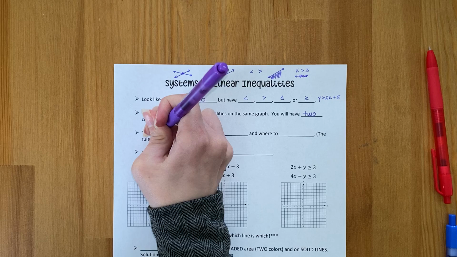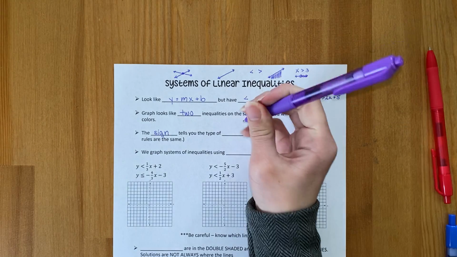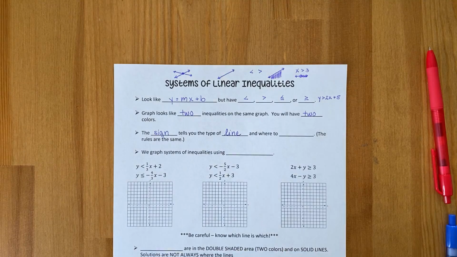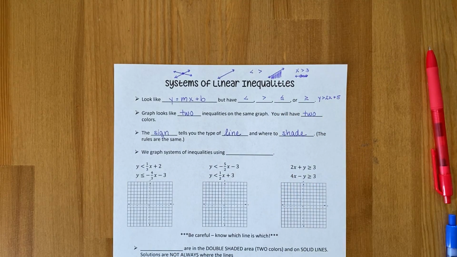The sign, or the symbol, is still going to tell you all the information that you need to know to be able to create your graph correctly. It's going to talk to you about the type of line and also where to shade. This information was laid out more in depth in the previous video, so if you're still unsure, make sure that you watch that video first.